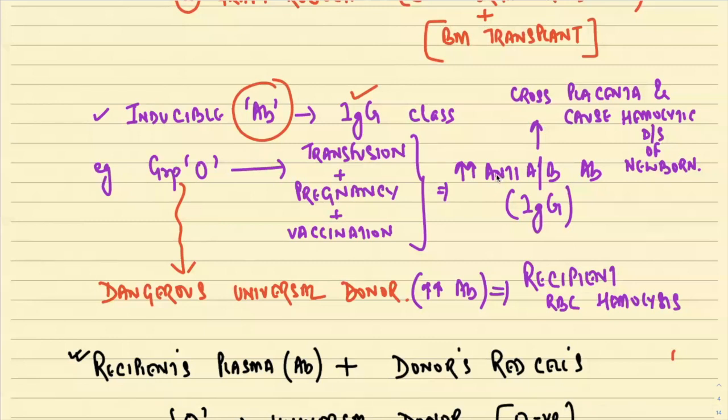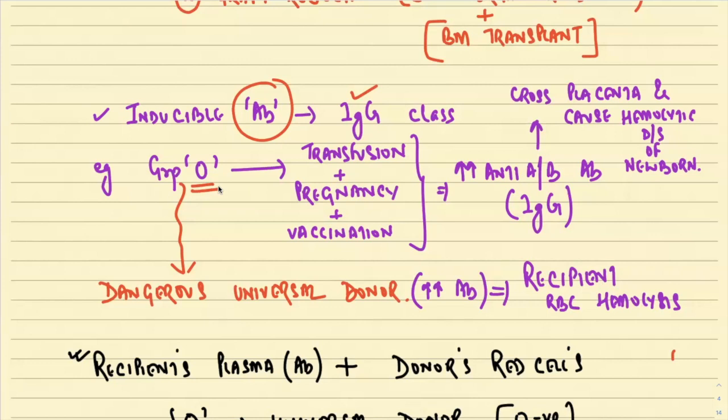For example, a group O individual has a very low amount of anti-A or anti-B antibody. If that individual is given A or B blood group blood, then although they have a small amount of anti-A or anti-B, they can synthesize excessive amounts of anti-A and anti-B.